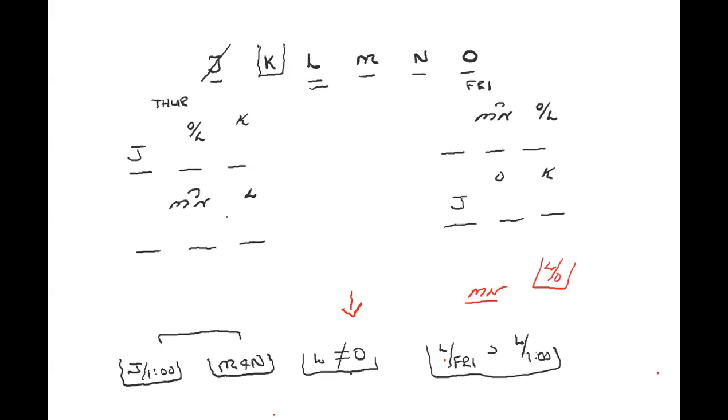And the 2 letters remaining are K and J. So again, if you put K and J on the same day, doesn't that mean L and O have to go on opposite days? So that's what they want you to do.